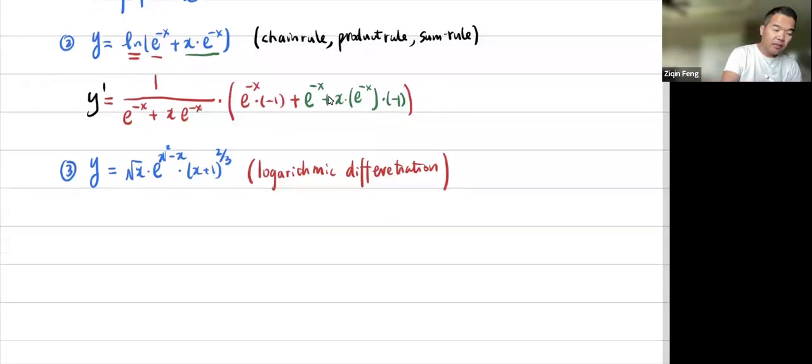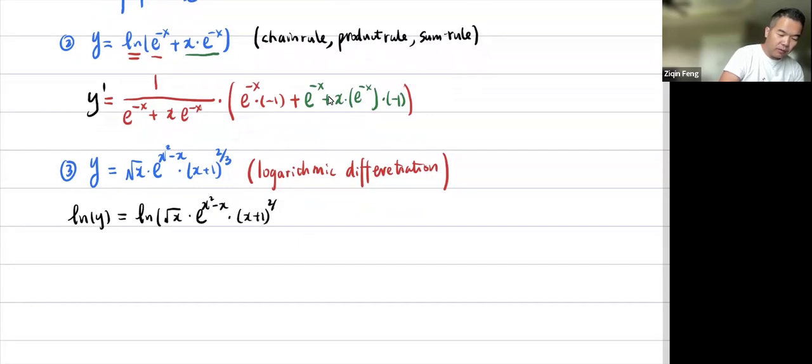So let's do that. So we get natural log of y is natural log of square root x times e to x squared minus x times x plus 1 to the power 2 over 3. We do not differentiate now because it's not simplified yet.